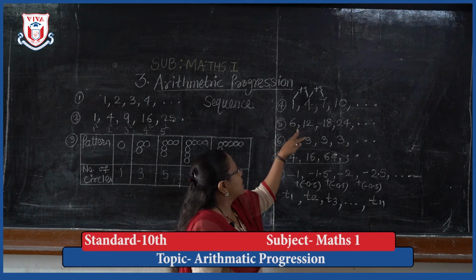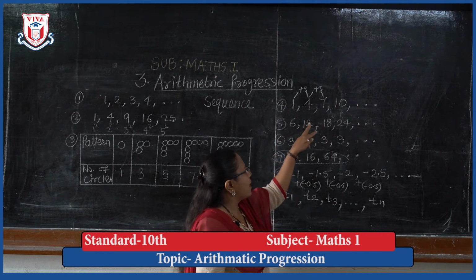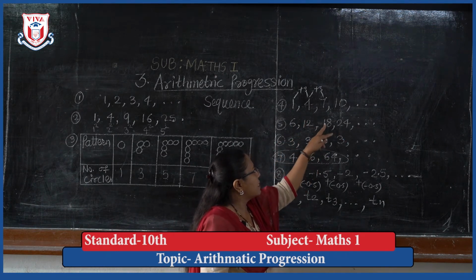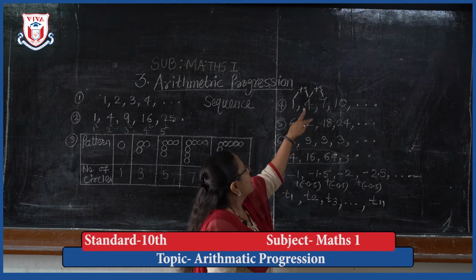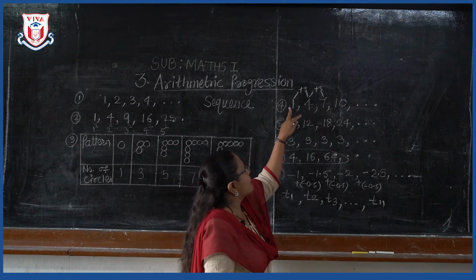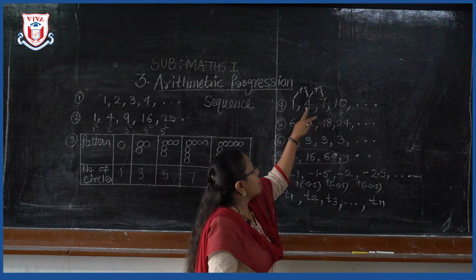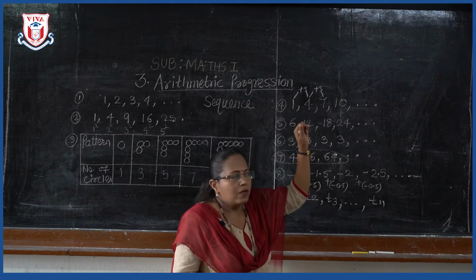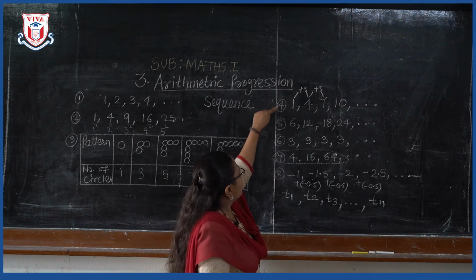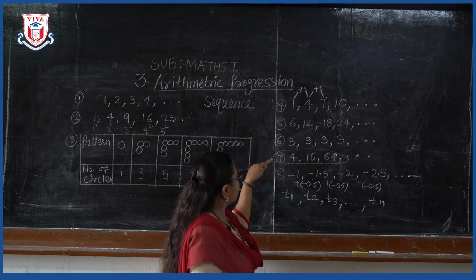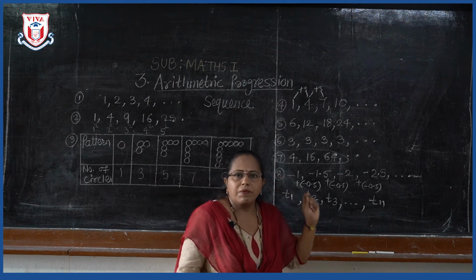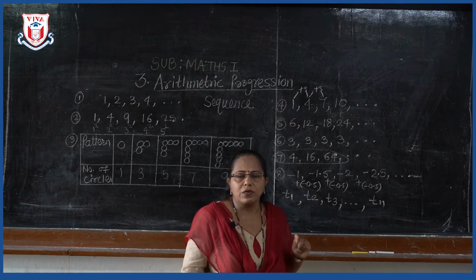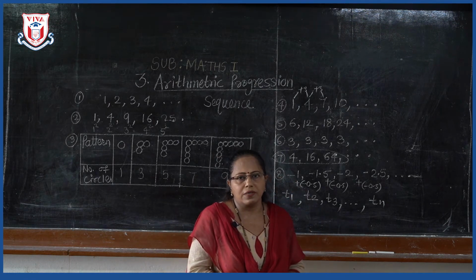12 minus 6, 6. 18 minus 12, 6. 24 minus 18, 6. In this example, 4 minus 1, 3. 7 minus 4, 3. 10 minus 7, 3. So in these examples, example numbers 4, 5, 6 and 8, the difference between two consecutive terms is constant.